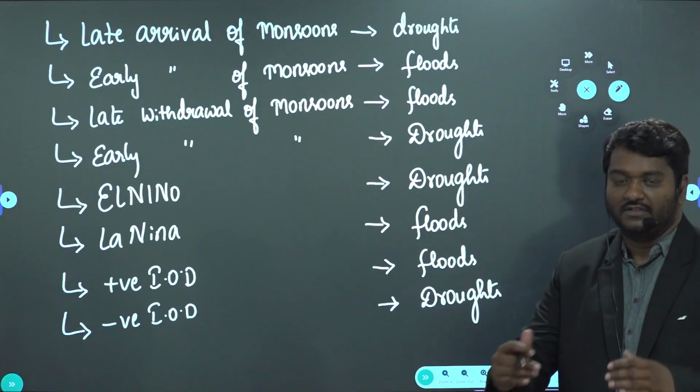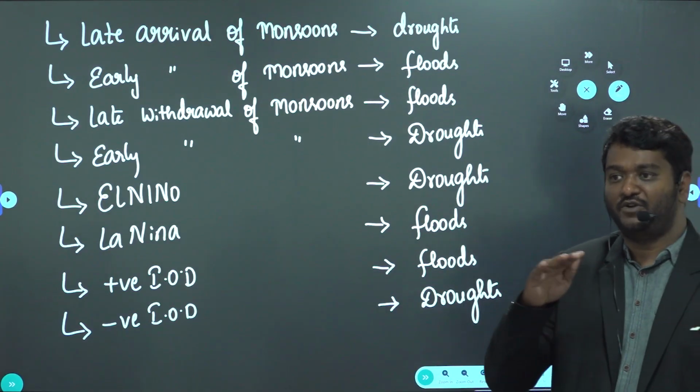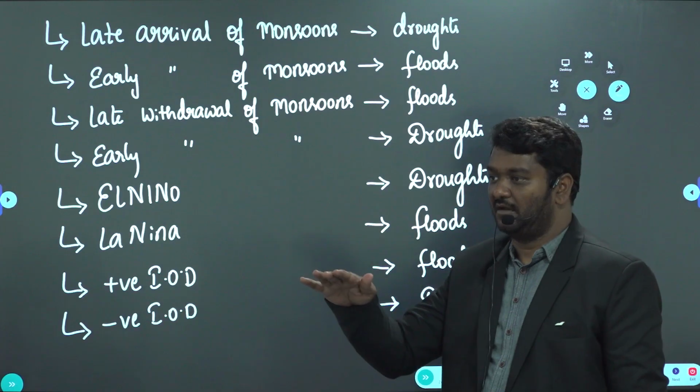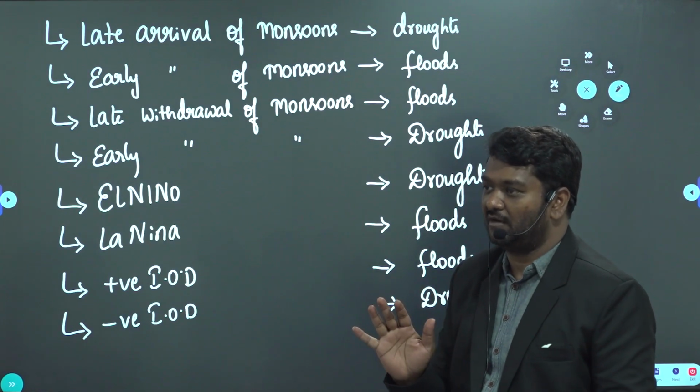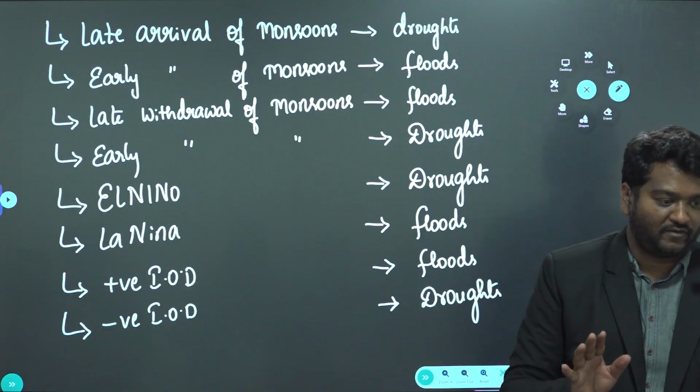Okay. Jet streams: whenever the jet stream is present over the Ganga basin, India will not get rainfall. If the jet stream is going back, India will get rainfall.